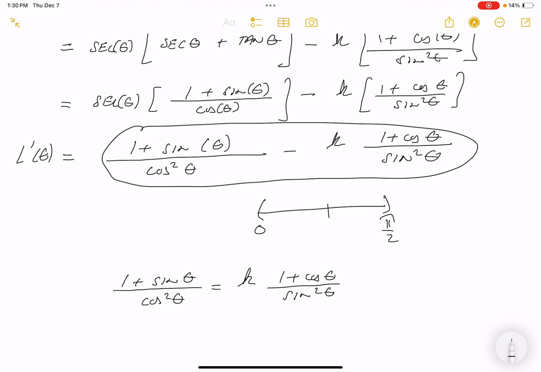And I'm going to try to solve that for k now. What do you get? You get 1 plus sine theta over cosine squared theta times sine squared theta over 1 plus cosine theta, and that equals k.